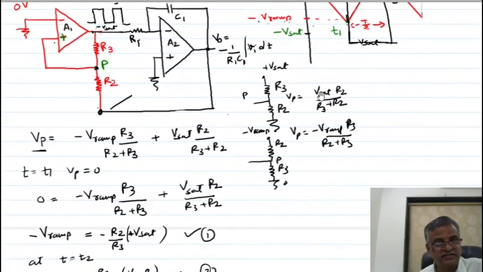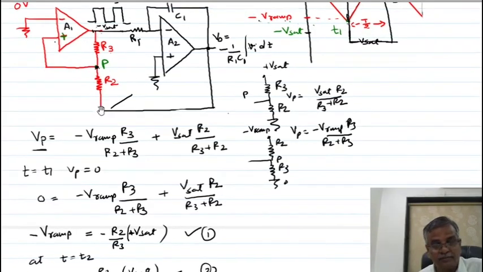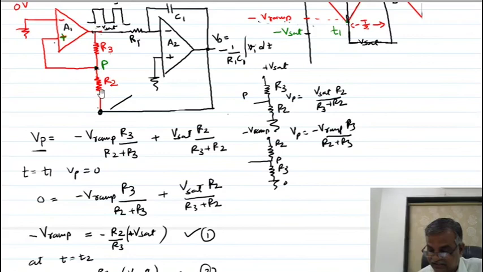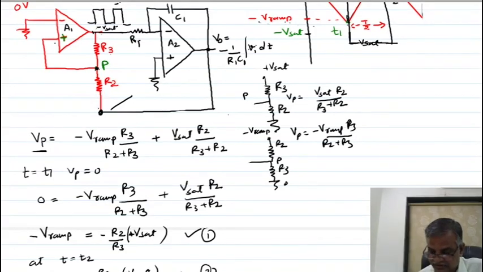Second, I have taken this voltage as minus V ramp and this voltage as 0. So minus V ramp I am showing at this point. You can see. And this is 0. Addition of these two is called the superposition principle.